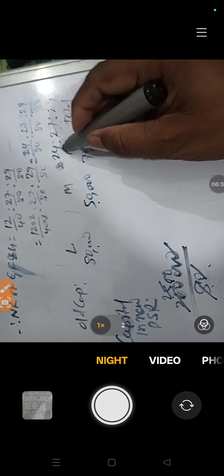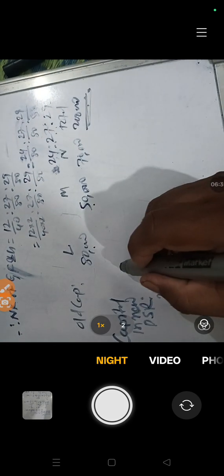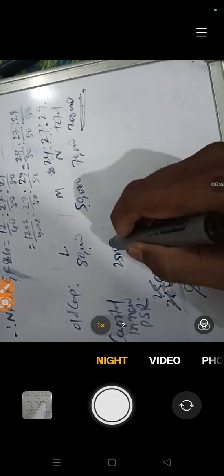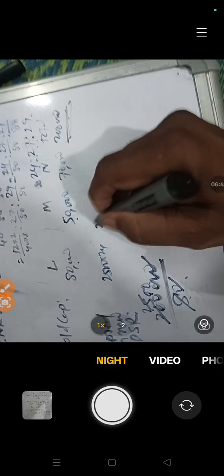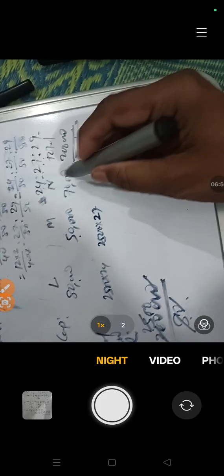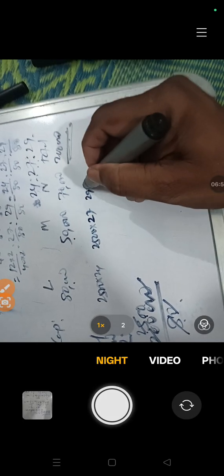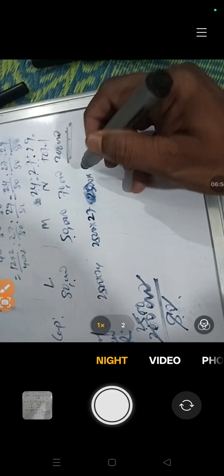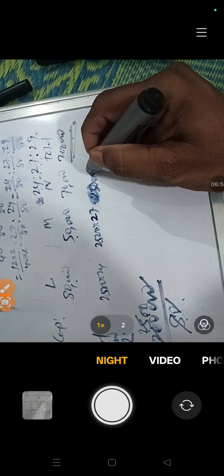Now L's capital will be 2,500 into 24, M's capital will be 2,500 into 27, and N's new capital will be 2,500 into 29.